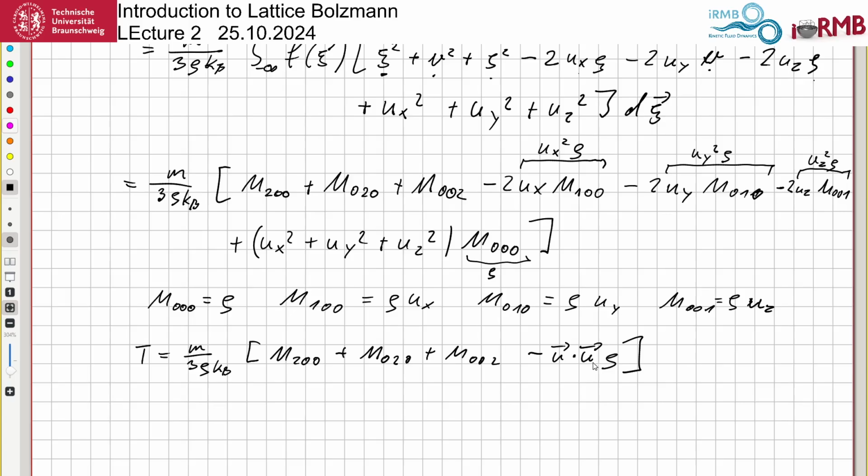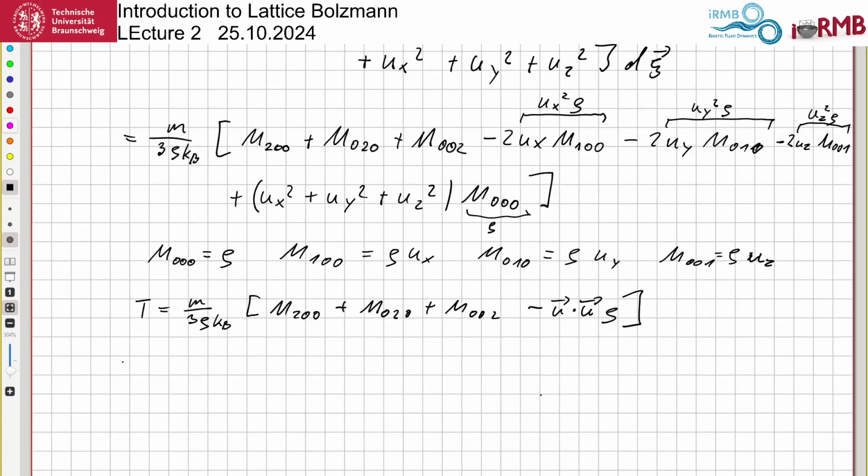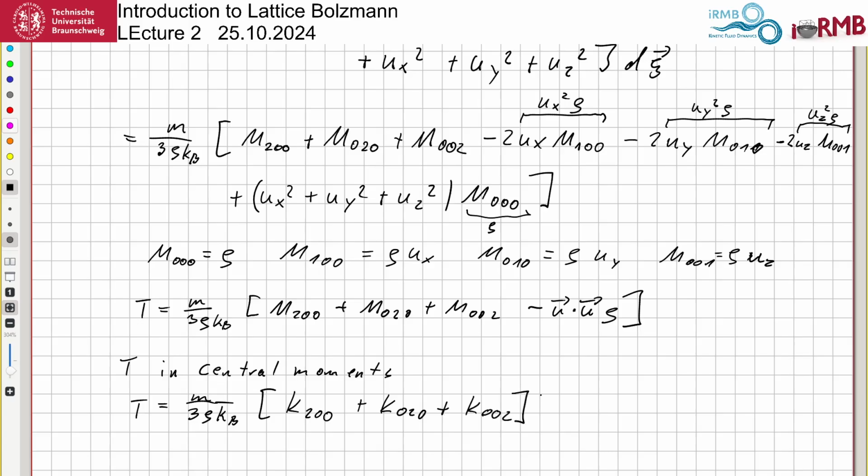The kinetic energy is u times u, that's density. And obviously this also means that T in central moments, the velocity is obviously disappearing, so T is 1 over rho k Boltzmann, and this will be k200 plus k020 plus k002.